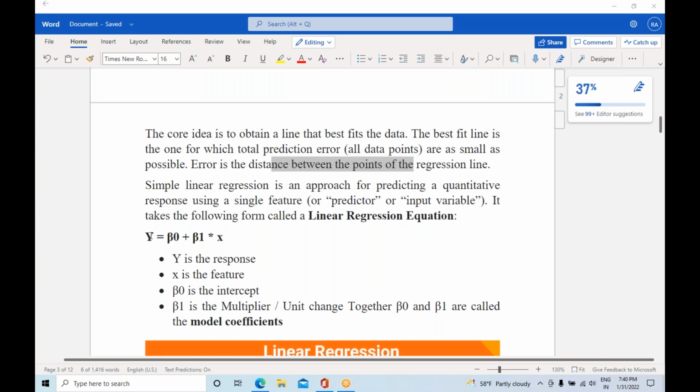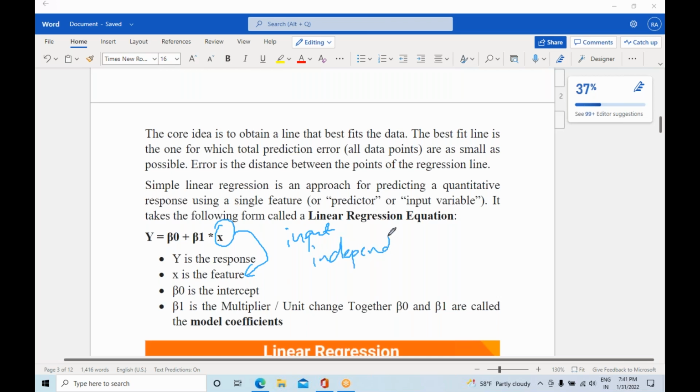The equation is y equal to beta naught plus beta 1 into x. Here x is my input variable or feature variable. You can have different names for x. It can be a feature variable, an input variable, or an independent variable.